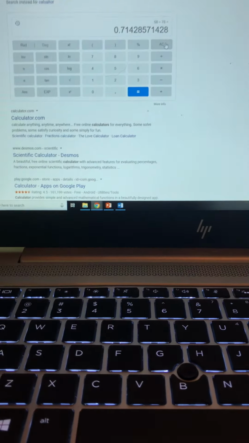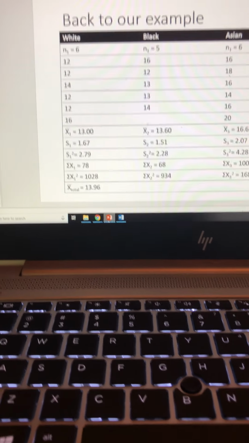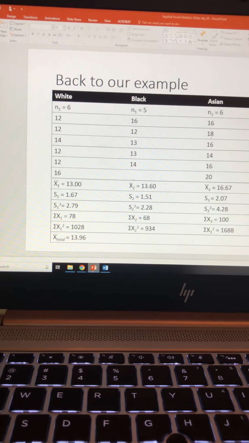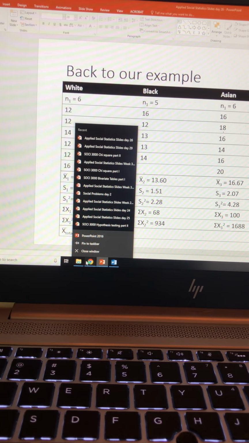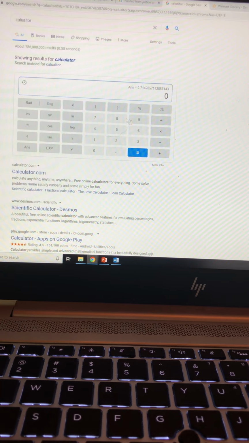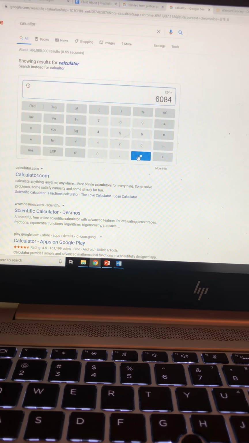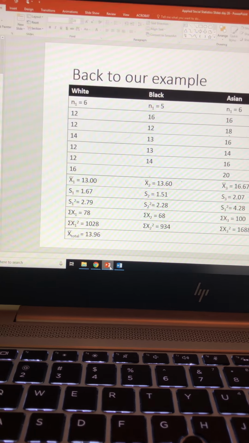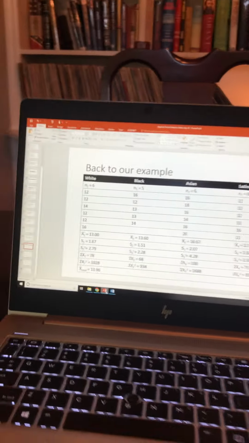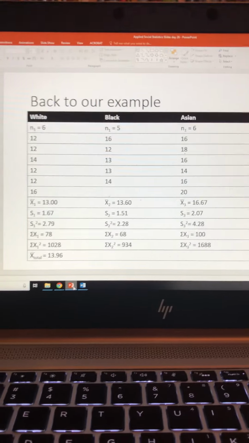Sorry. What people are going to want to do is take that 78 and square it. So 78 squared. And that's not how it's calculated.